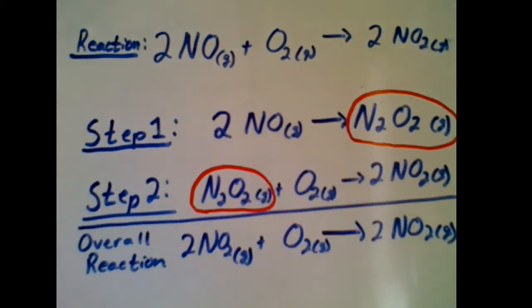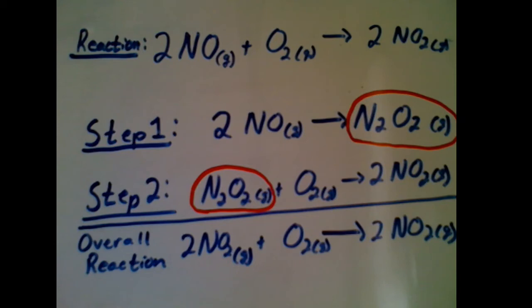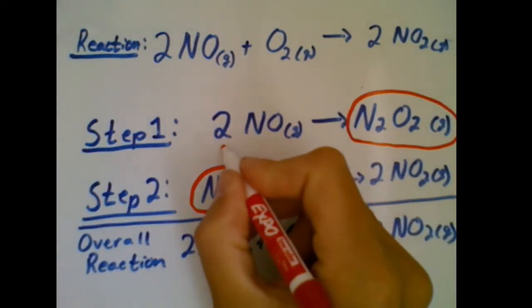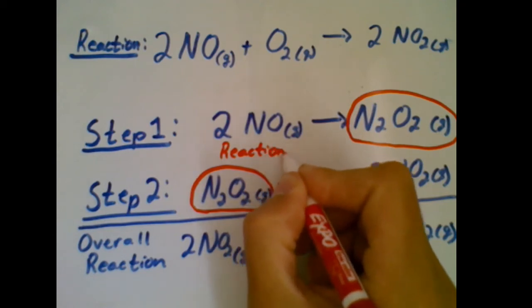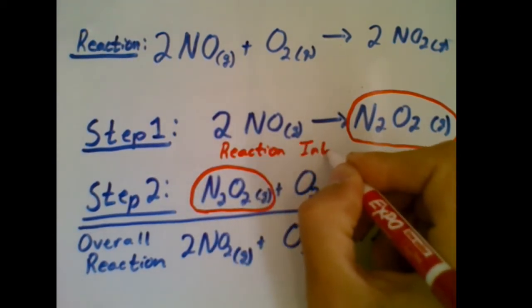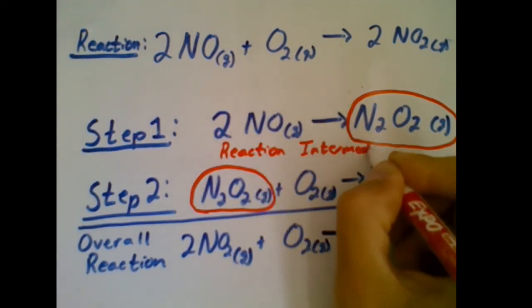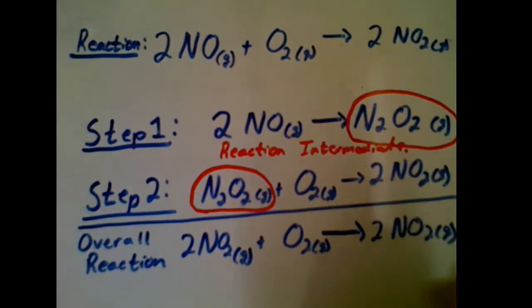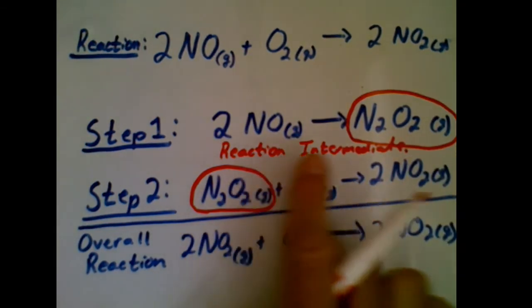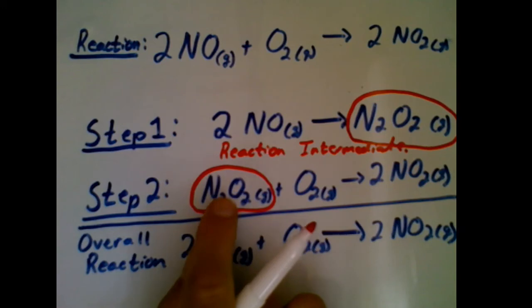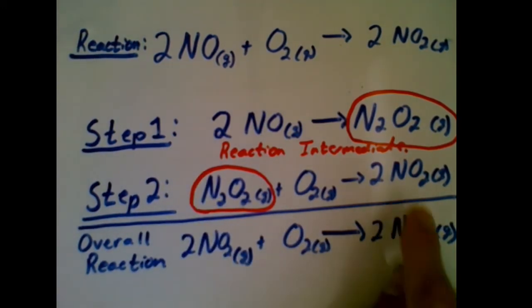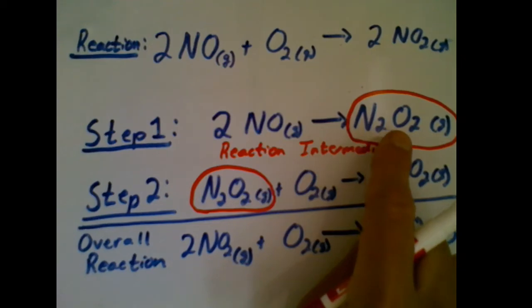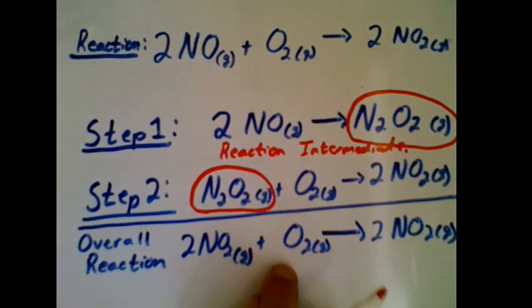This substance that we produced partway through is called the reaction intermediate. A reaction intermediate is the substance that gets formed but then is used up before the reaction is over. It is produced intermediately but is not a part of the overall reaction.